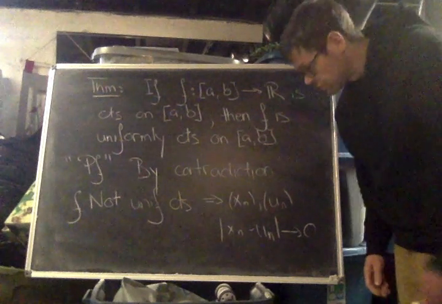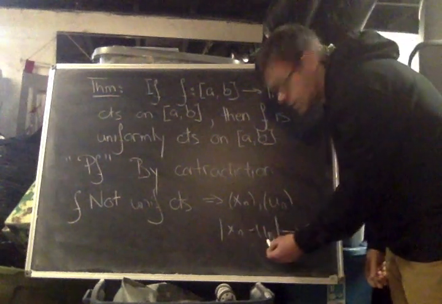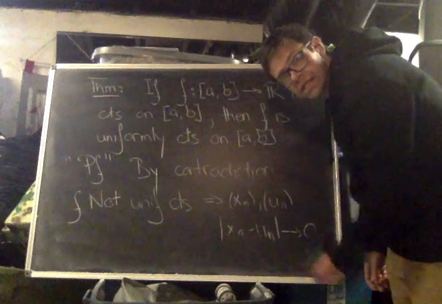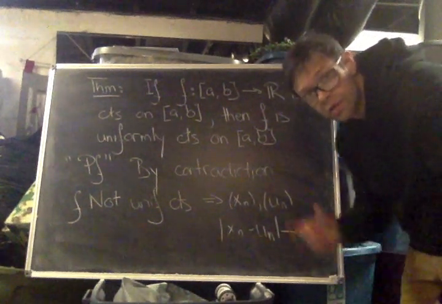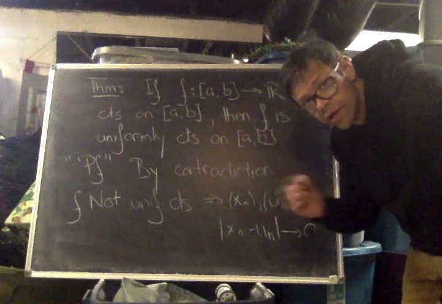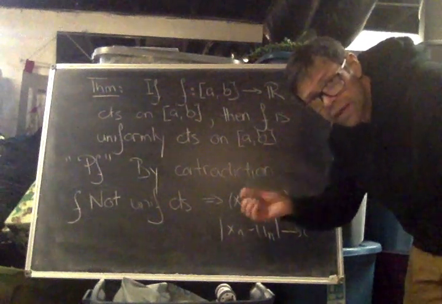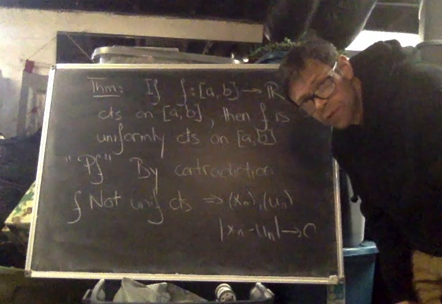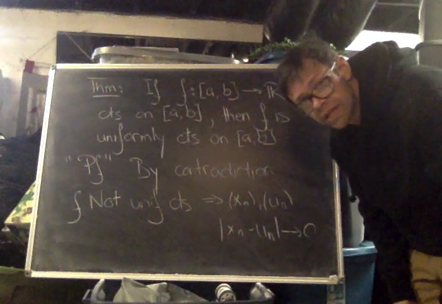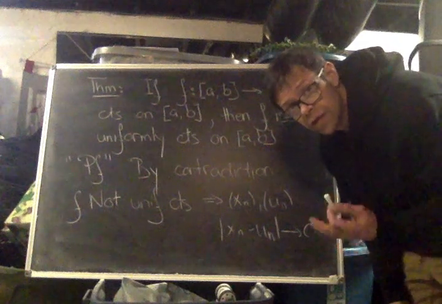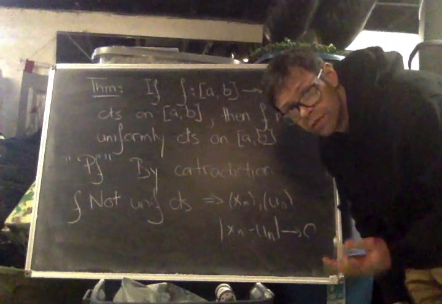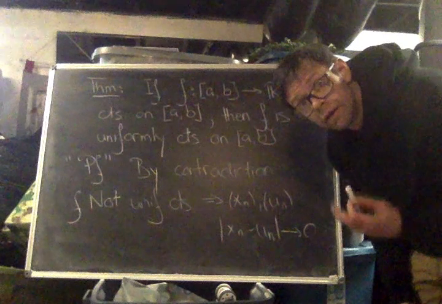So we would like this thing to somehow contradict continuity at some point in the domain of the function. The problem is that in general, these two sequences, x_n and u_n, don't have to converge. Like I said, all they have to do is get closer and closer to each other. They can be wobbling back and forth together inside that interval from a to b to their heart's content and never settle down. So this is where the fact that you've got a closed bounded interval comes in, right?